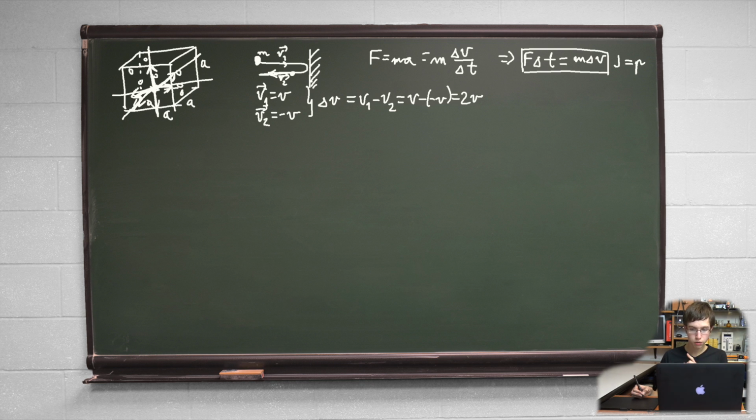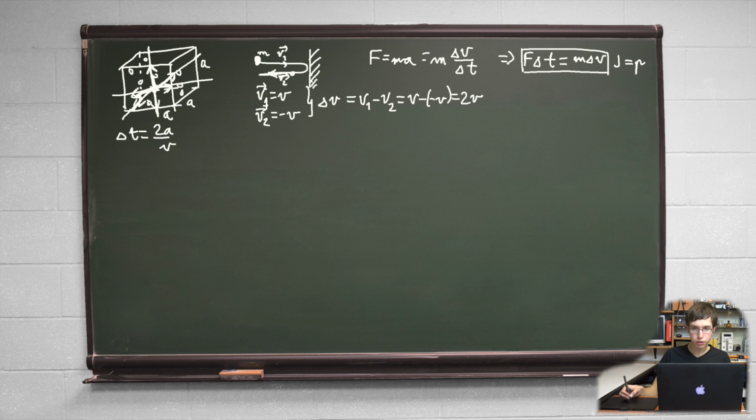One edge length traveled forth and one edge length traveled back in the same direction, so the distance is 2a. And then the time interval delta t is equal to this distance 2a divided by speed v. So delta t is 2a over v.